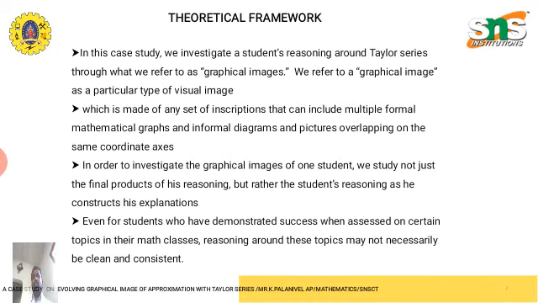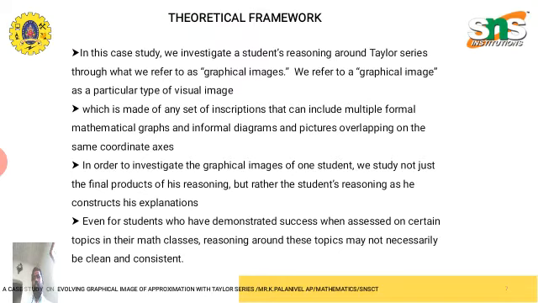We more closely align with a sense of graphical and pictorial representations, though simply using the term graph does not, to us, capture all of the inscriptions that one may make when explaining something graphically.